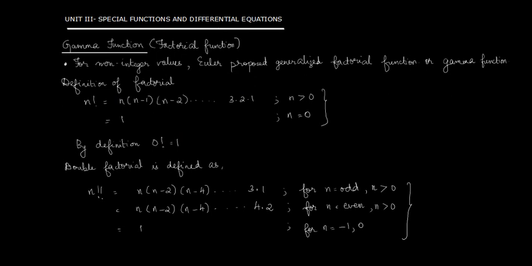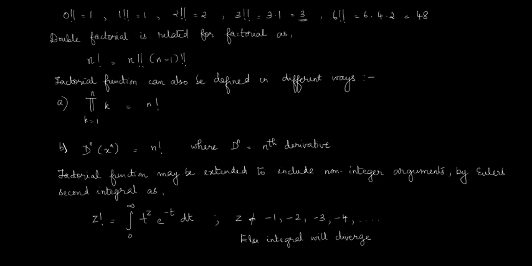Double factorial can be defined as n into n minus 2 into n minus 4 into etc. It terminates at 1 if n is odd, and it terminates at 2 if n is even. Now, how do we connect single factorial and double factorial? Single factorial is related to double factorial as n double factorial into n minus 1 double factorial.